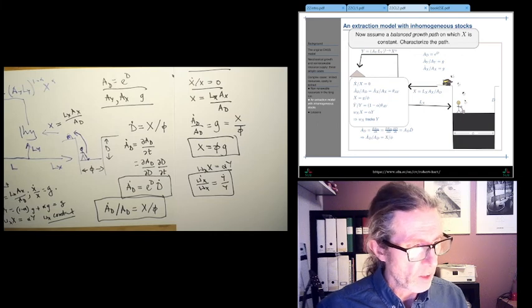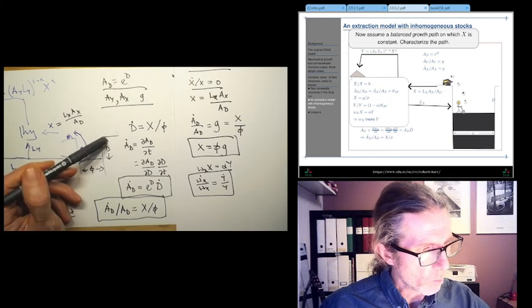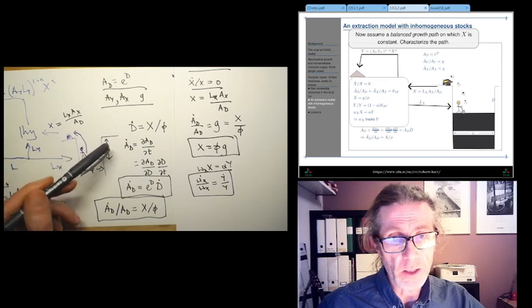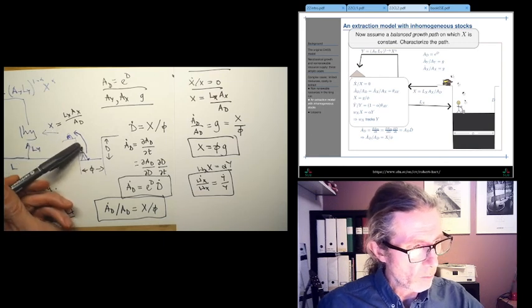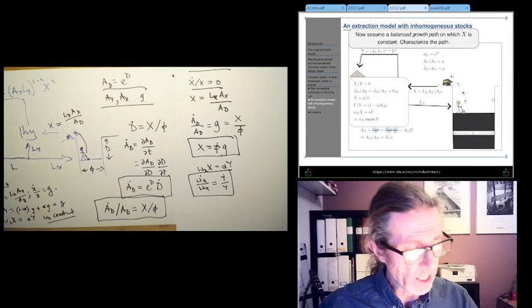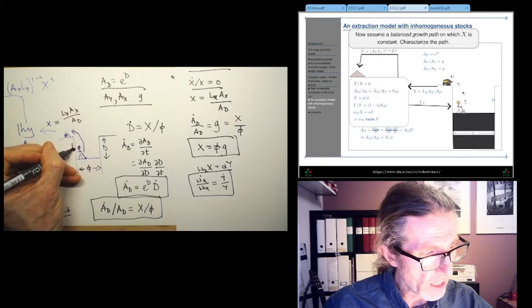Okay, so what happens is, initially, when productivity is very low, we scratch the surface and extraction increases exponentially and the price is constant. But at some point, we stop scratching the surface and start to significantly increase the depth.